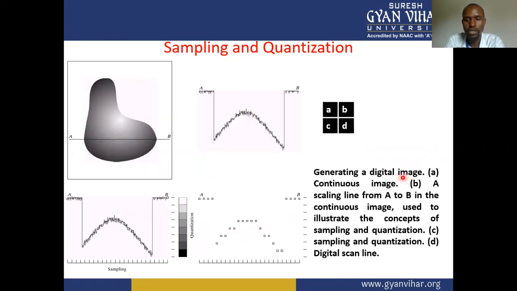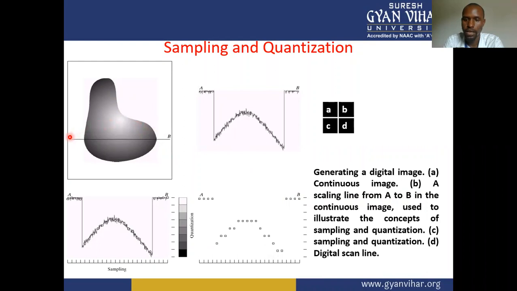Now, a general digital image is shown by this A. This is a general image that has been digitized using an image source. This image can also be referred to as a continuous image because it is fully as it was when it was captured by the imaging system. Then in the next step, we have a scale line from A to B in the continuous image.